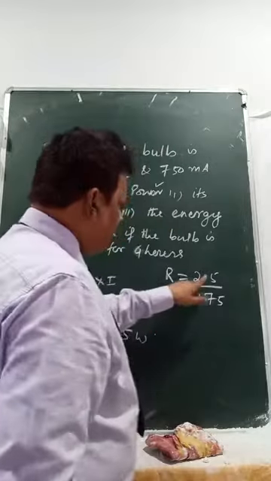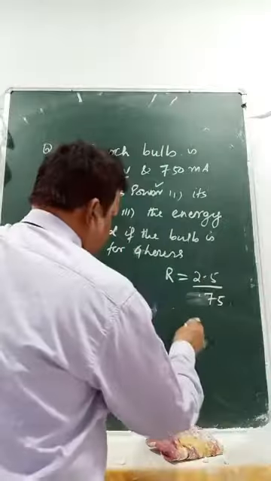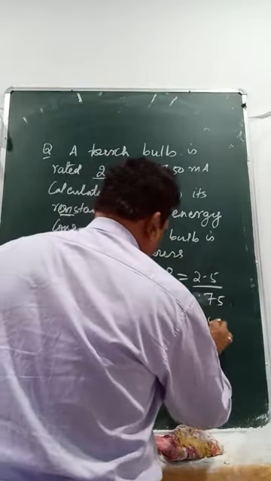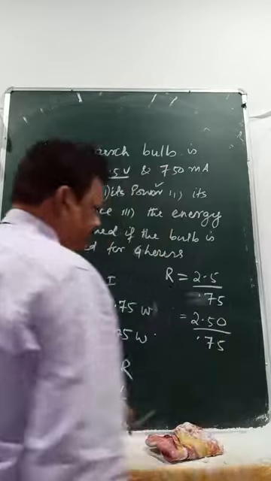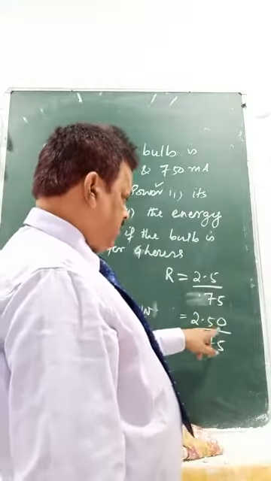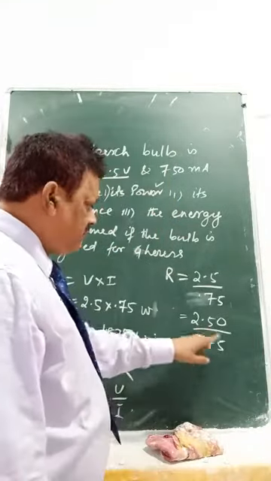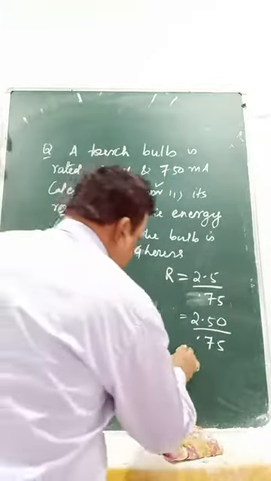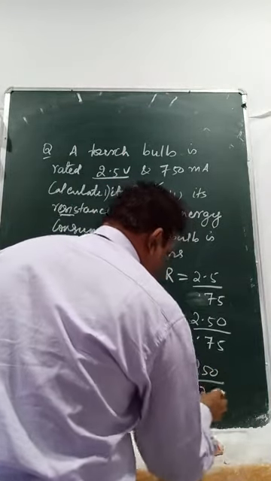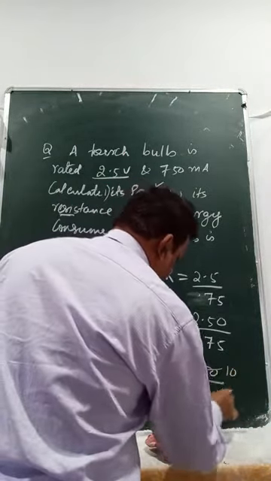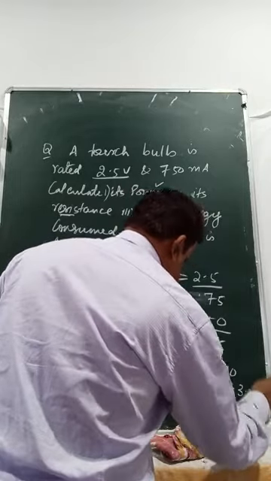What you do is equalize the digits, then the decimal will be cancelled. Like 2.50 by 0.75, because if you put 0 on the right side, there is no change in the value. That means it is 250 by 75, which is 3.3 ohm.